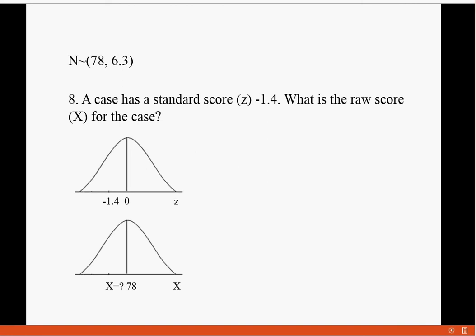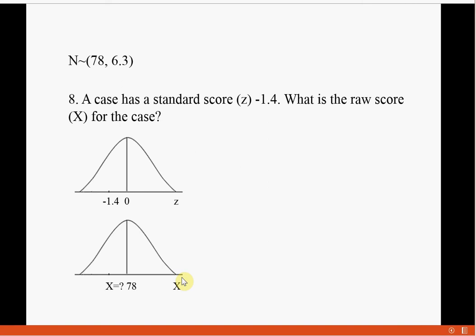x from this z-score. Now, in this distribution here, the distribution of z-score, we know from the question that we have a z-score of negative 1.4, and this is a value to the left of the mean. We know that all the values in a variable x can be converted to a z-score, and this is the original variable distribution.